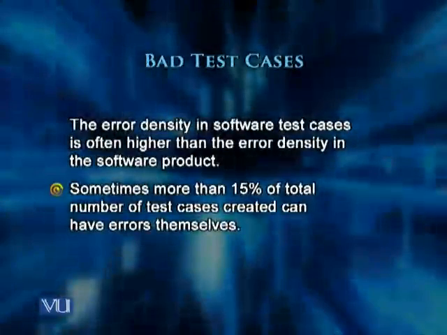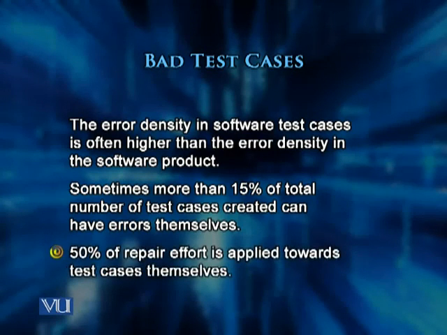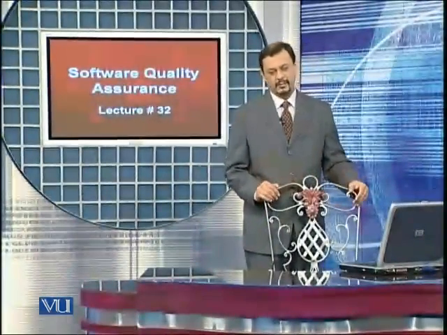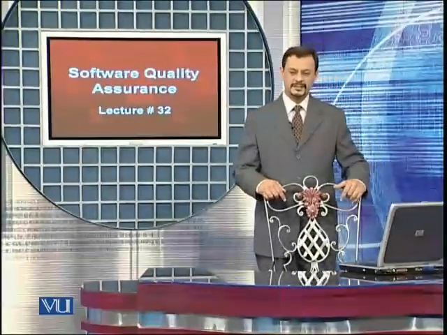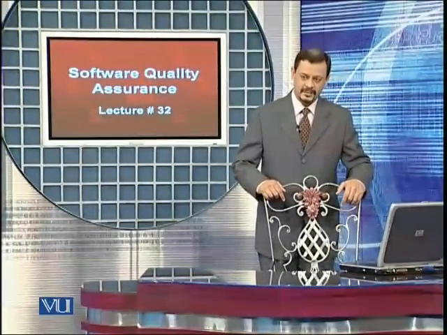Sometimes more than 15% of the total number of test cases created have errors in themselves, and 50% of repair effort is applied towards test cases themselves. And this is really a very disturbing number, because instead of focusing on repairing defects in the software, we are spending our time trying to repair defects in the test cases.